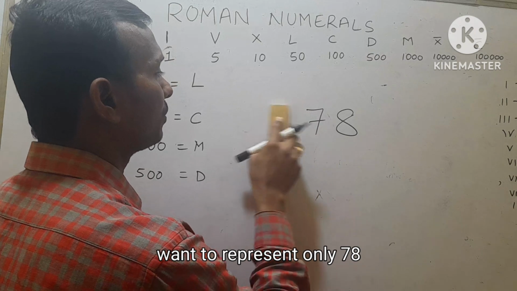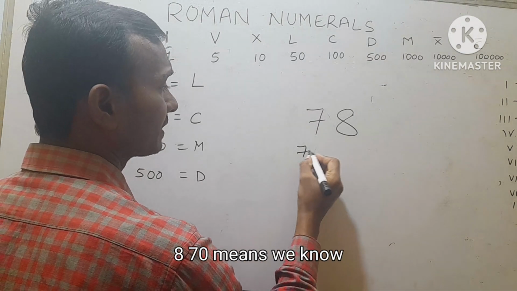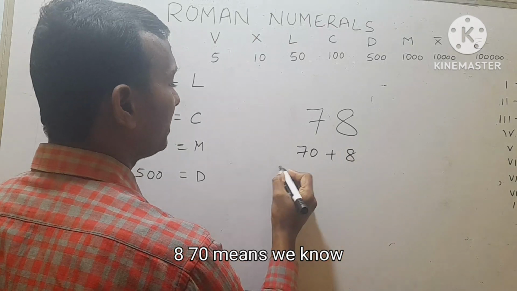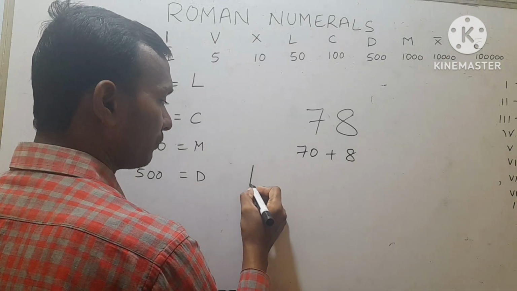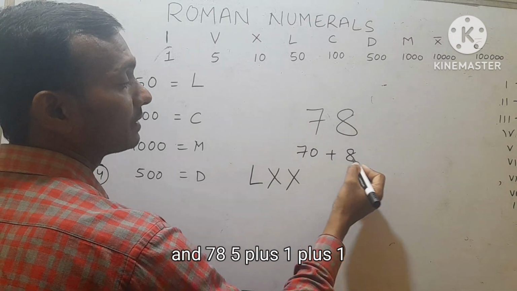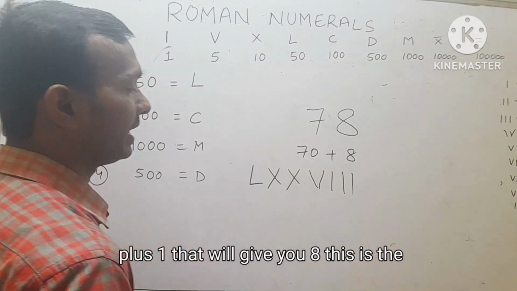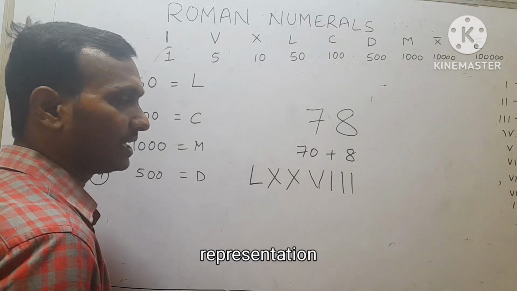Or if you want to represent only 78. Only 78. 70 plus 8. 70 means we know 50 plus 10 plus 10. 78. 5 plus 1 plus 1 plus 1. That will give you 8. This is the representation of 78.